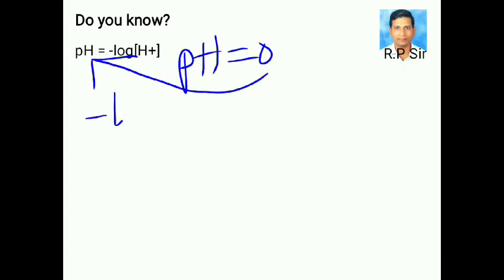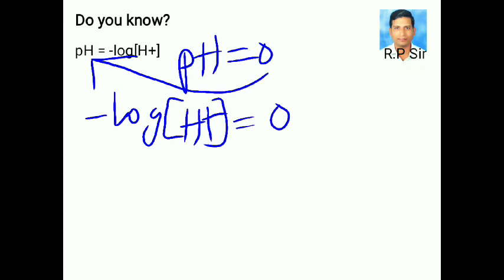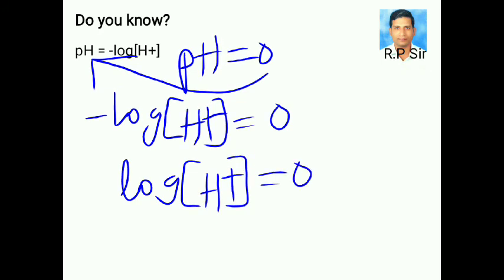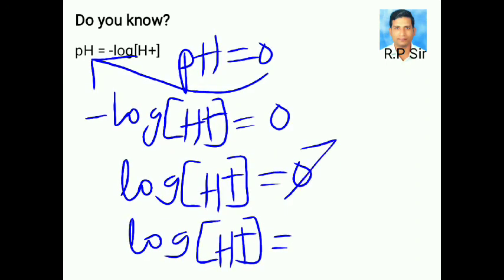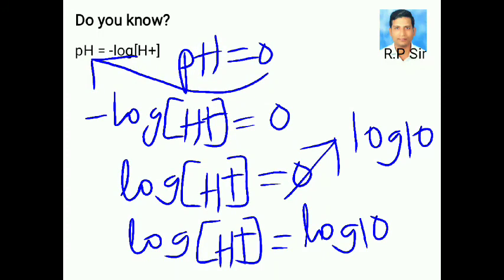Therefore, minus log hydrogen ion concentration is equal to 0, or log hydrogen ion concentration equals 0. This 0 can be written as log 1.